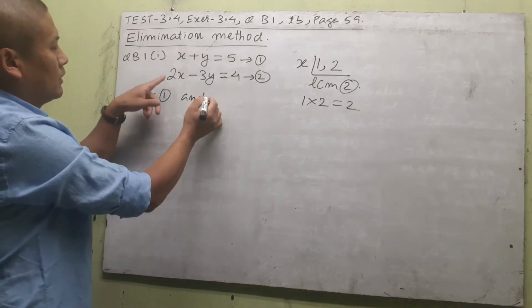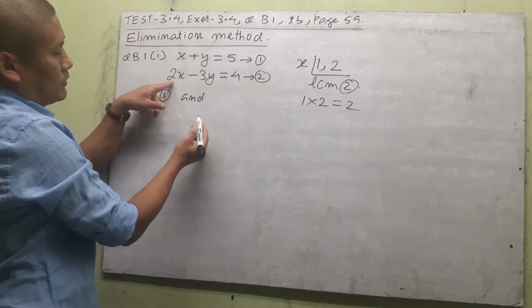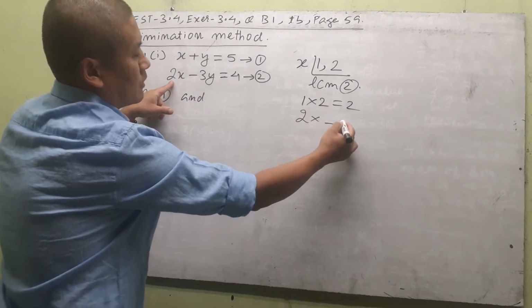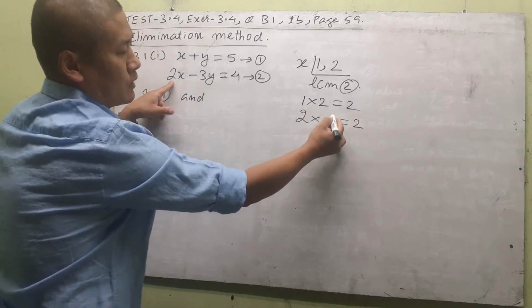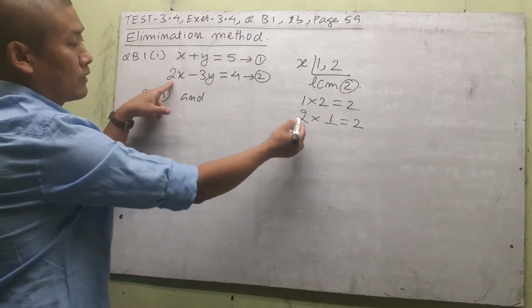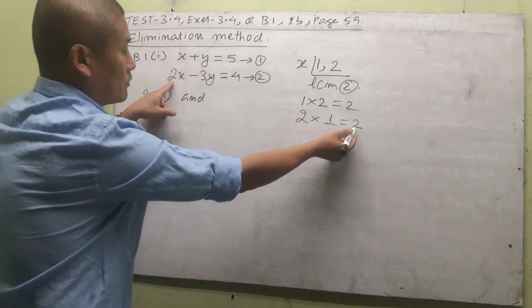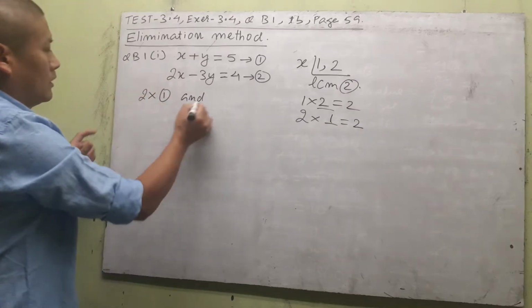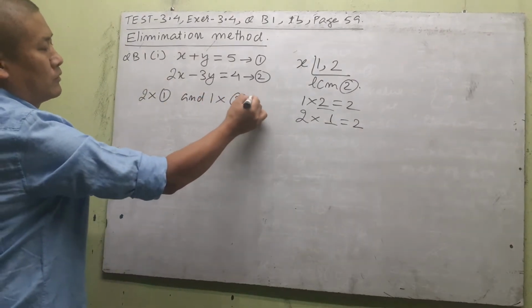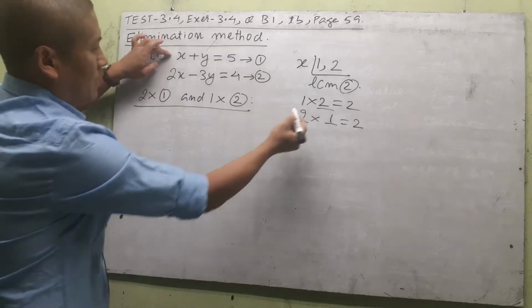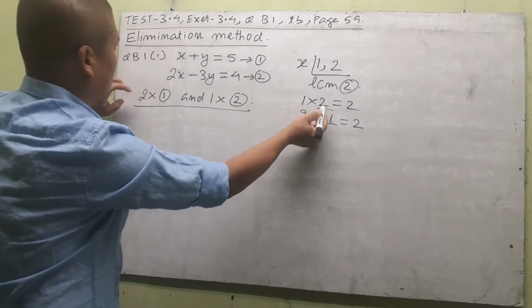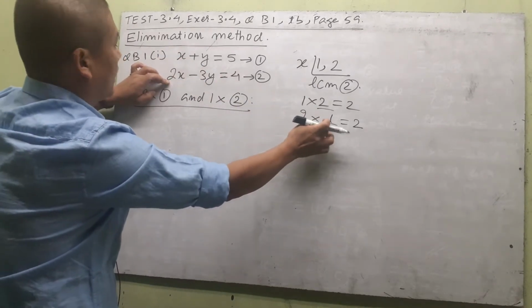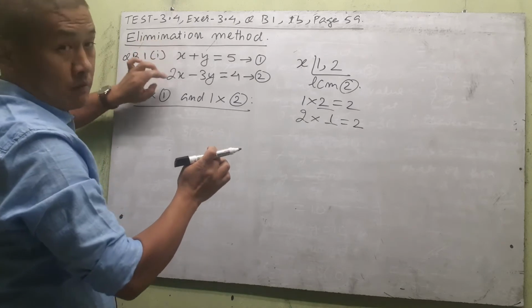And then since we're taking x, go to the next coefficient of x, which is 2. How much is the LCM? 2. So since you have to multiply 1 to 2 to get the LCM 2, like we took 2 for equation 1, here 1 multiplies equation number 2. Then both of them will become equal.